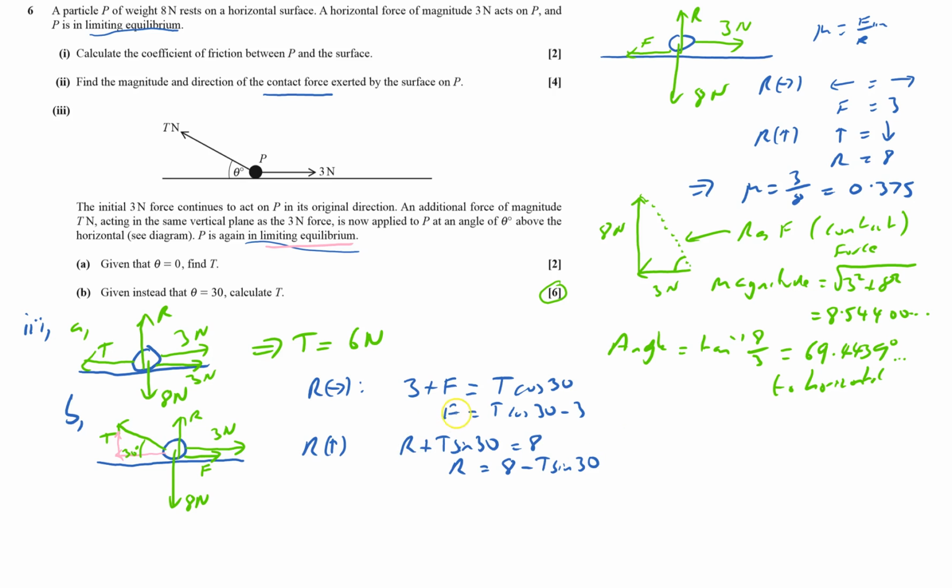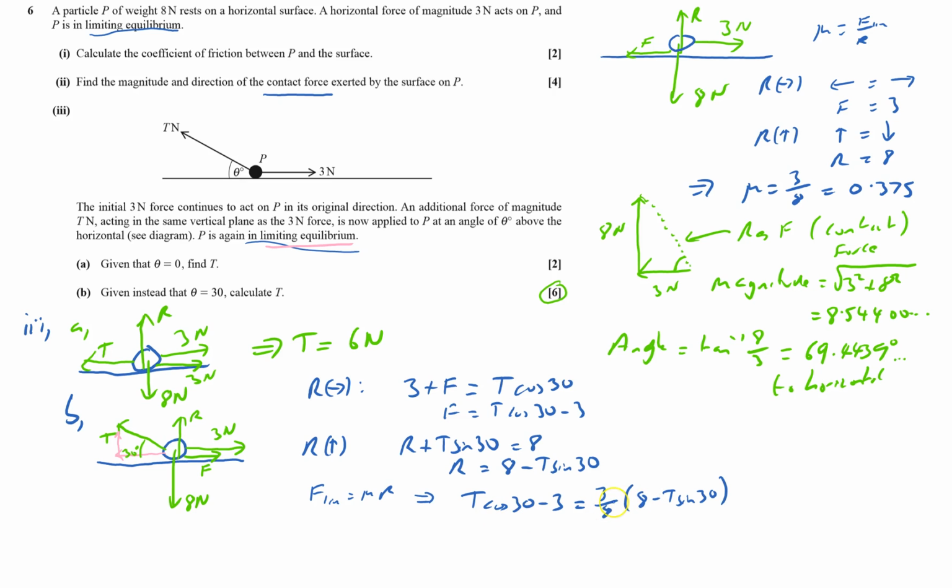And now I know that mu equals F over R, and I know what mu is because I worked it out earlier. Mu is 0.375. So using F limiting equals mu R, F, which is T cos 30 minus 3, equals mu, that's 3/8, it's easier that way, times R, which is 8 minus T sine 30.